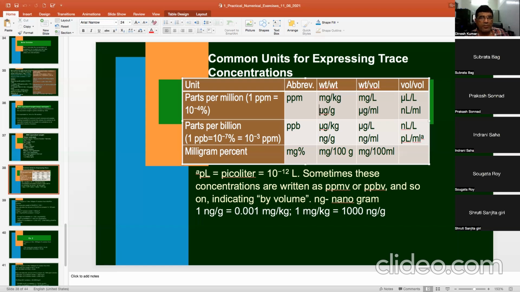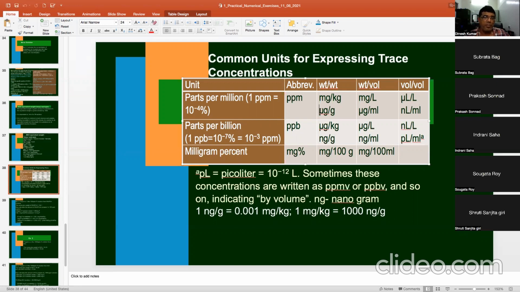So they are equivalent units. Then volume by volume. For ppm, you can write microliter per liter, and its equivalent is nanoliter per ml. If it is 10 microliter per liter, then it will be 10 nanoliter per ml.